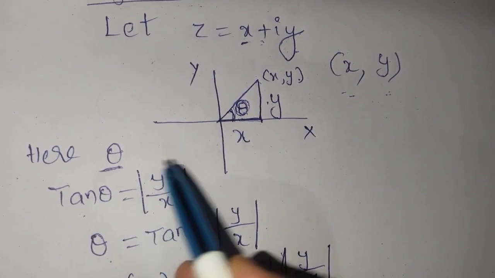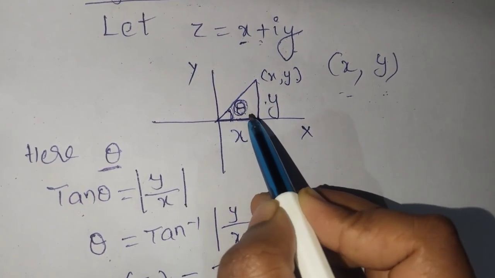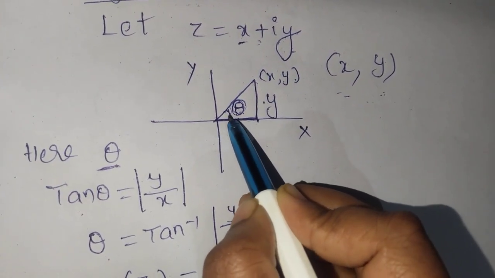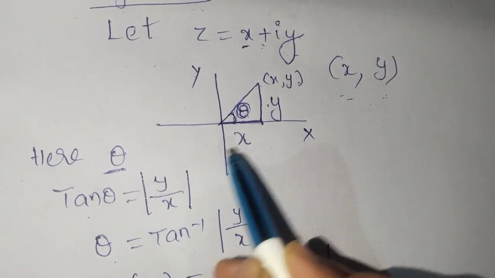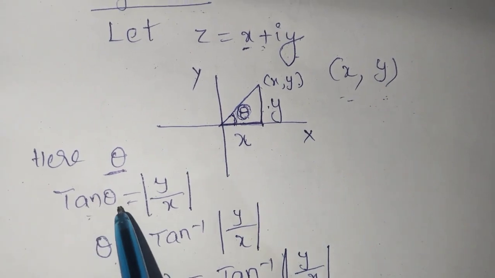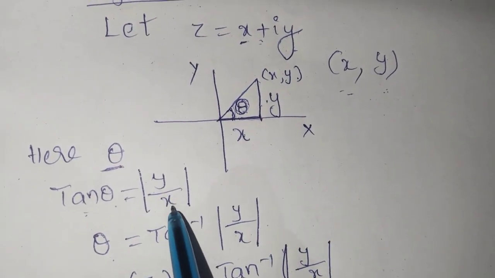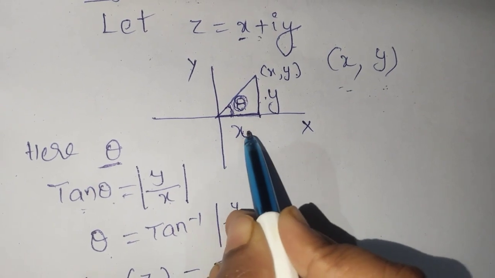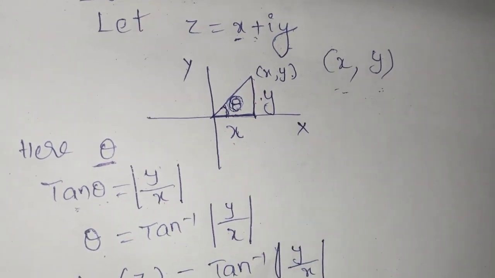To find theta, I will apply tan between these two lines. So tan theta, what is the tan theta formula? The tan theta formula is opposite by adjacent. So tan theta is equal to opposite, which is y, divided by adjacent, which is x. So tan theta is equal to y by x.